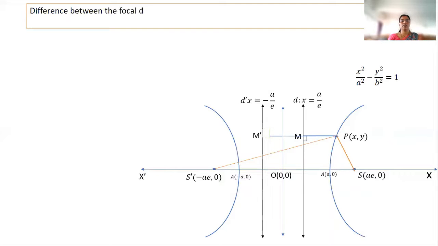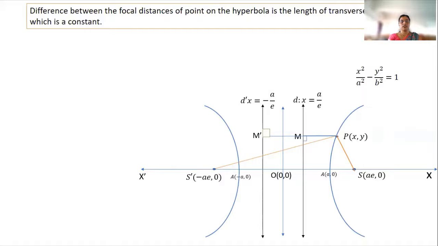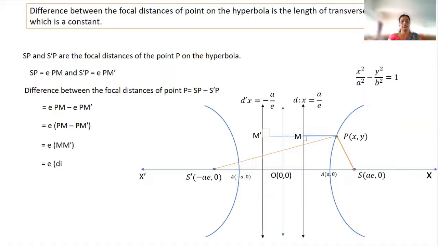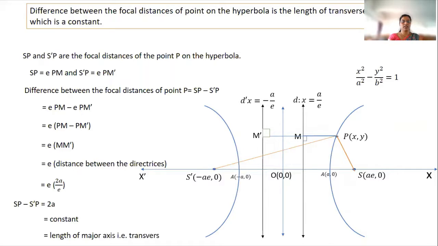Then the difference between the focal distances of the point on the hyperbola is the length of the transverse axis, which is constant. We have proved this earlier. So this difference we get is 2a. The difference between focal distances of the point on the hyperbola is the length of the transverse axis, that is the length of the major axis, that is the transverse axis.